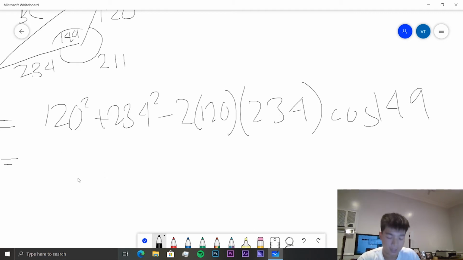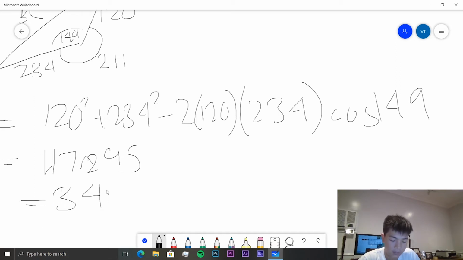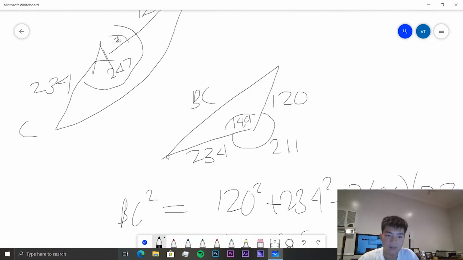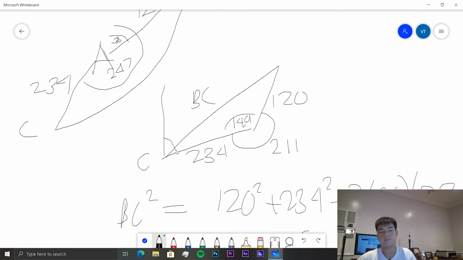So we should get the length squared is 295. So if we square root this, we get the number 342.5 kilometers. So that's the distance. And now we need to get the bearing. So the bearing is from here. This is C. What's this angle here?